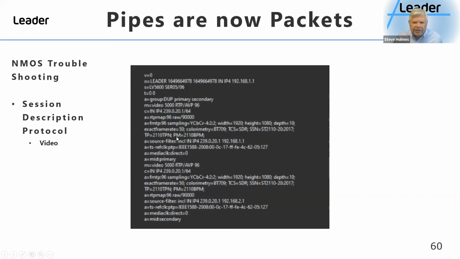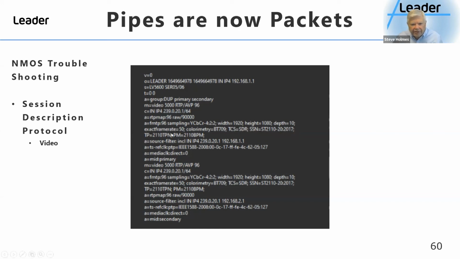And one of the biggest things is looking at, okay, it's 422, 1920 by 1080, it's 10 bits, it's at 50 hertz, colorimetry is 709, it's SDR, not HDR, and it's coming in as a 2110-20 profile.